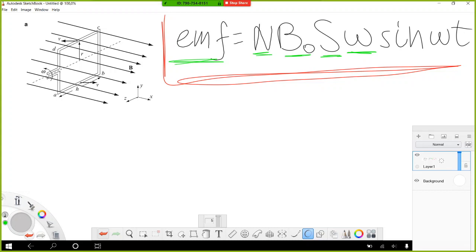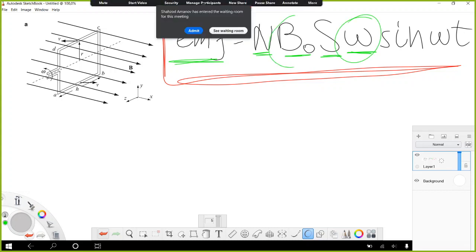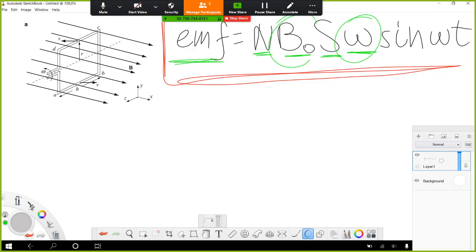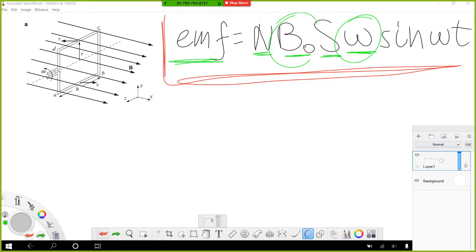You may change angular velocity, or magnetic flux density, etc. In most cases you need constant frequency.